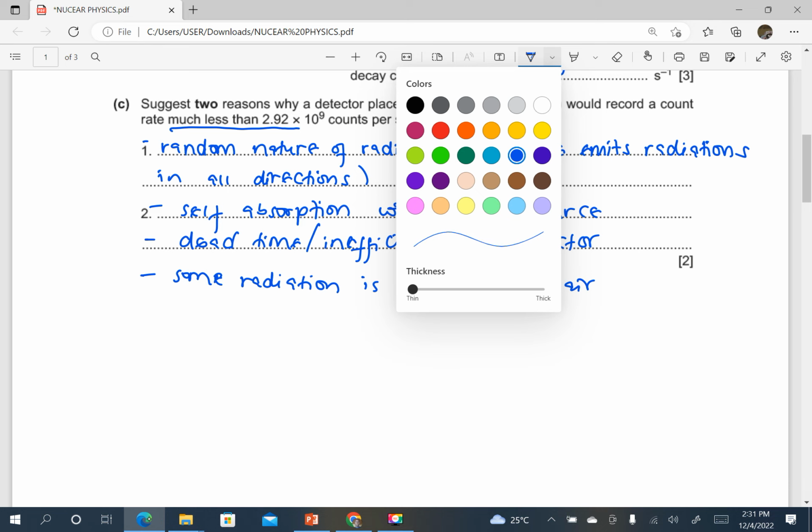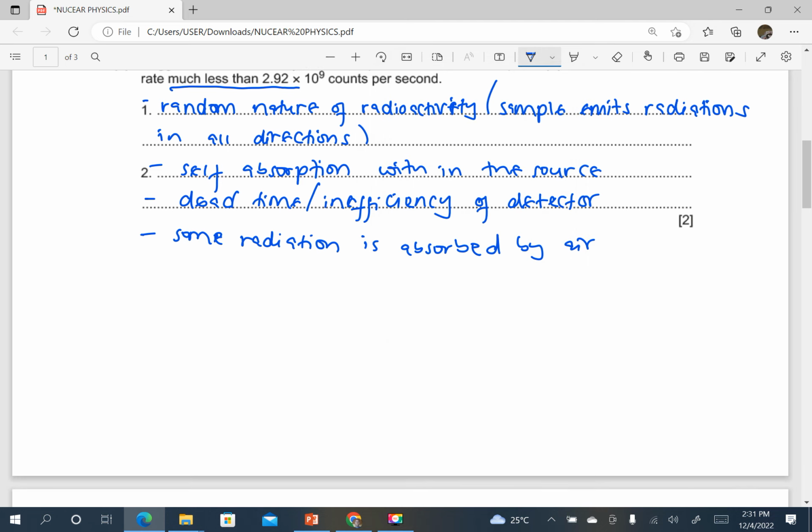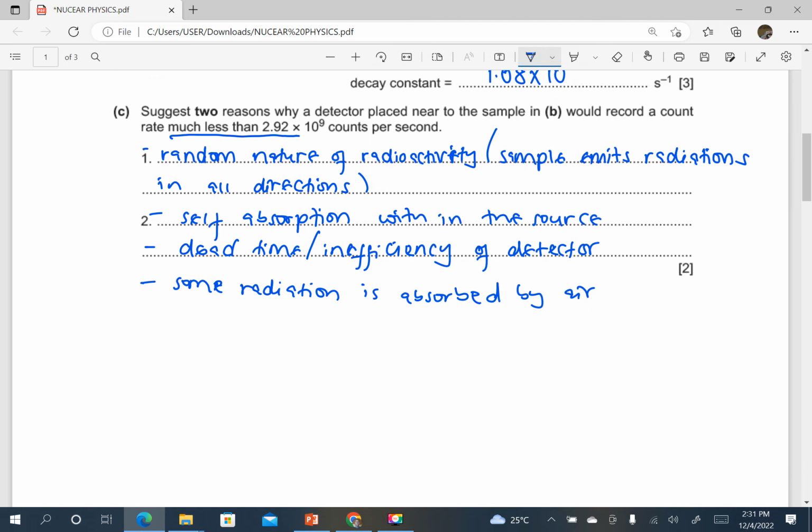So that would make the count rate much smaller. So those are some of the reasons I could think about.